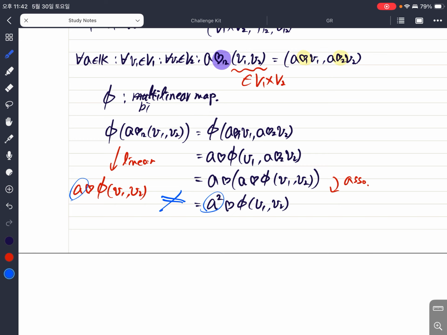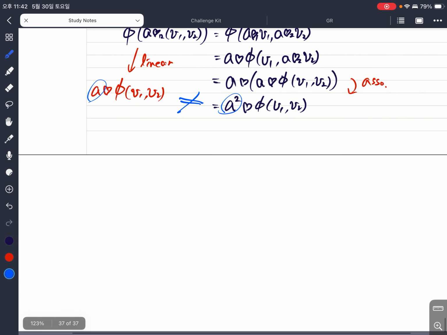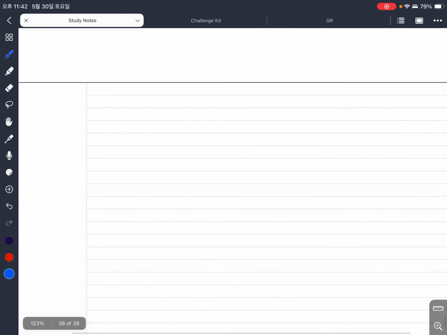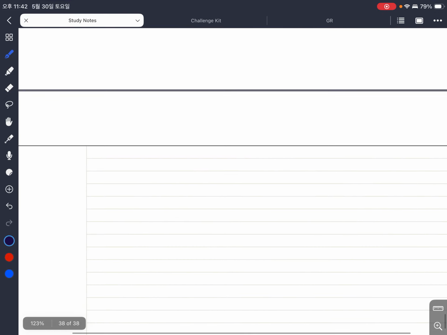And usually in physics, with an inner product or something, you don't apply it to elements of different spaces. For example, kinetic energy is just v square, and when you calculate it, you have just v times v. The v is the same element. So what we are interested in is when the domain is just the Cartesian product of itself, some form like Vn.